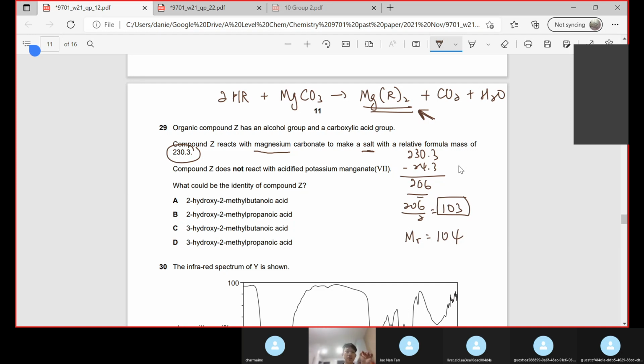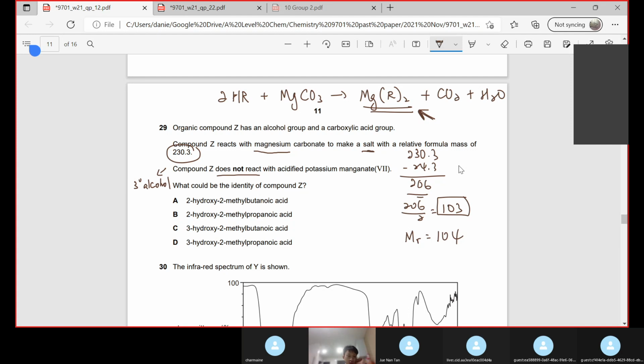Then another information provided here is compound Z does not react with acidified potassium manganate(VII). It means the alcohol is a tertiary alcohol.